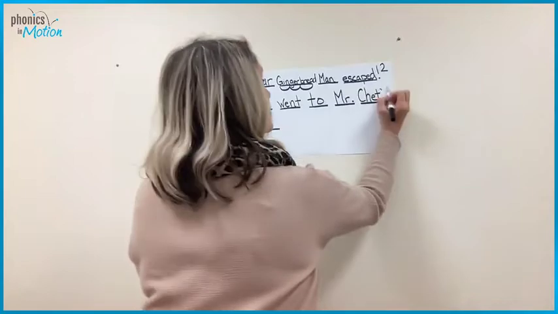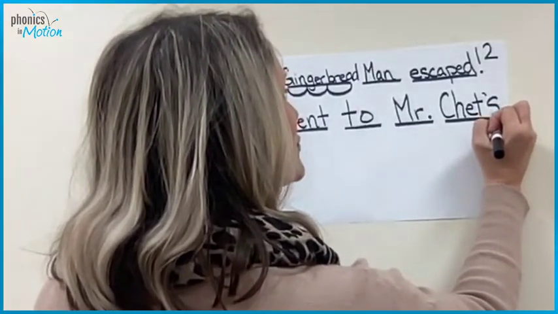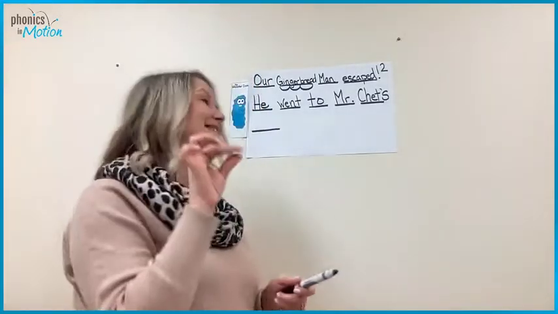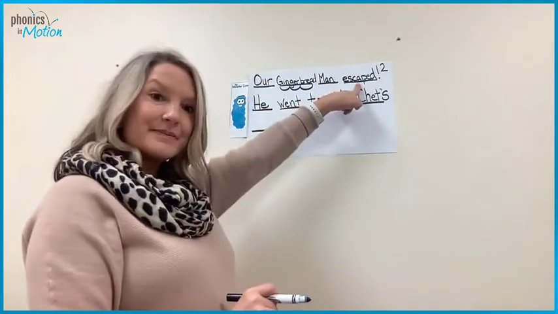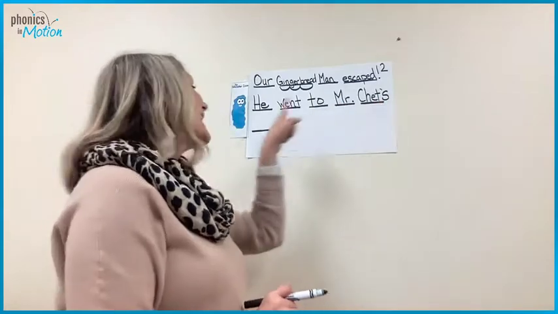silly. He goes towards the monster, comes away, and goes right back. He is so silly. Our gingerbread man escaped. He went to Mr. Chet's class. Good. Say the word class. Class. There's a quick one at the beginning.